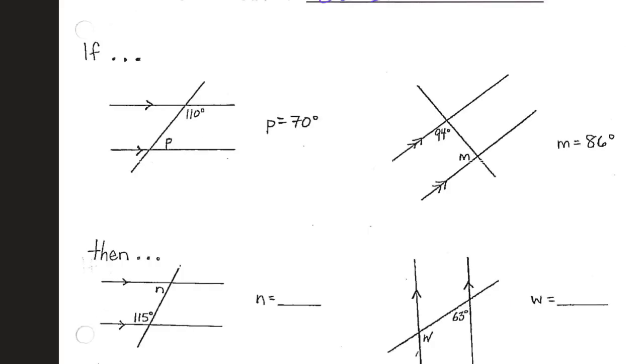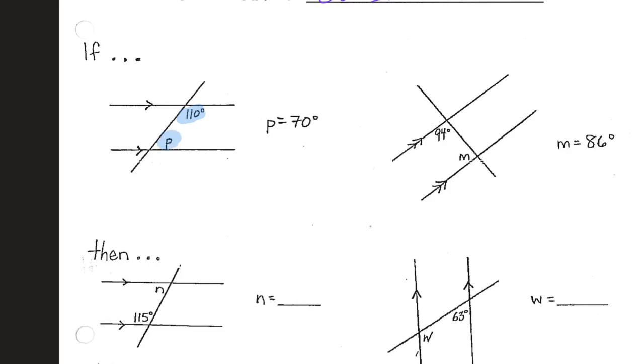Okay, we should be back and we should have all 6 stations completed. If we jump into station A, we should see that we had our if. If I look at that first one that I'm going to highlight in blue, I have this angle of 110.